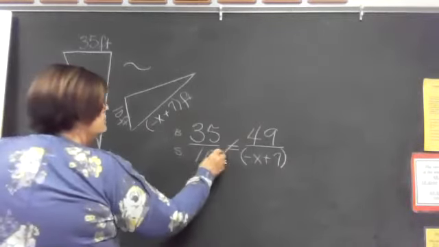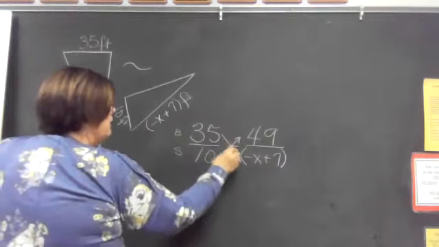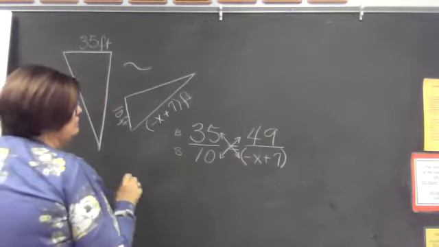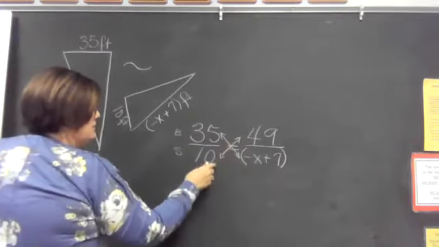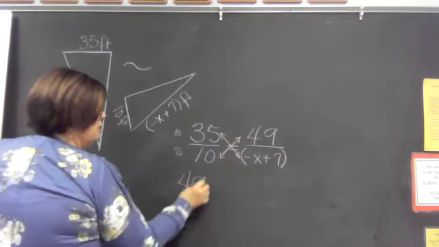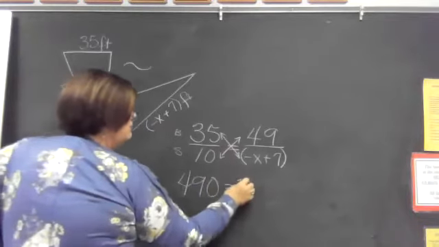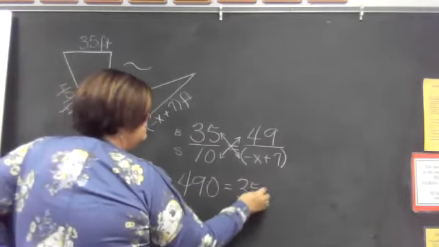We can multiply this way and multiply this way, and the products will be equal to each other. So when I take 49 times 10, I get 490 equals. Now this way, I want to take 35 times the set.